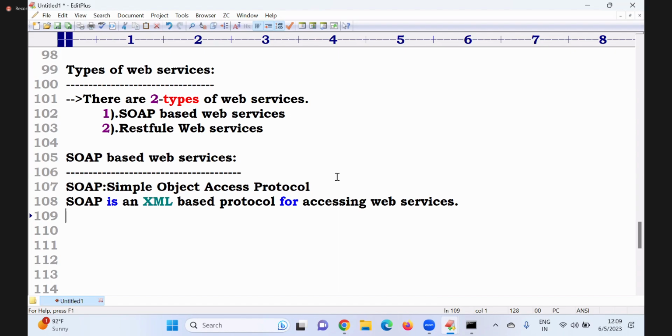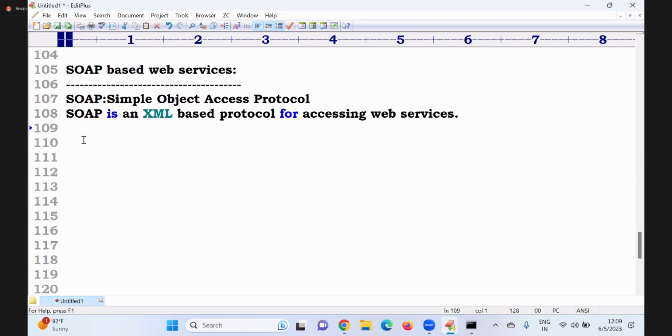With SOAP, so many problems will be there. 90% of everyone is using RESTful only. Total Google uses SOAP-based web services only.